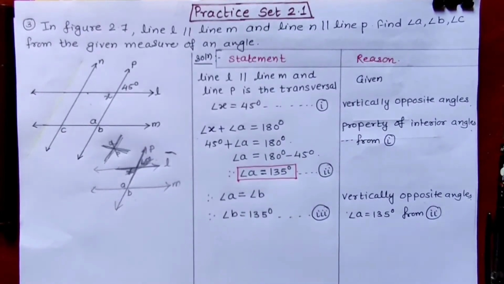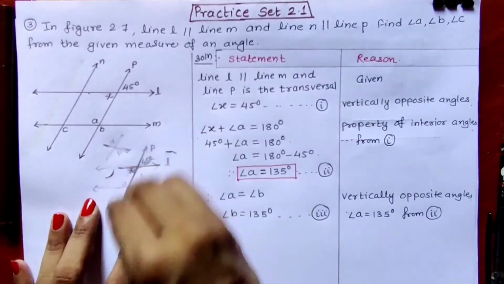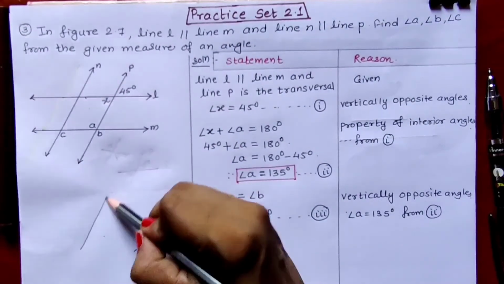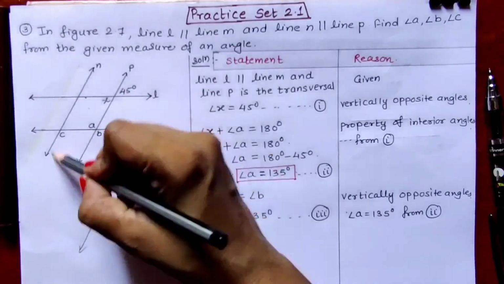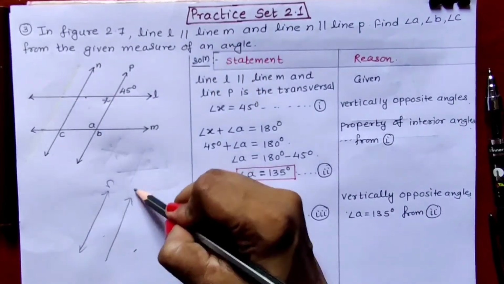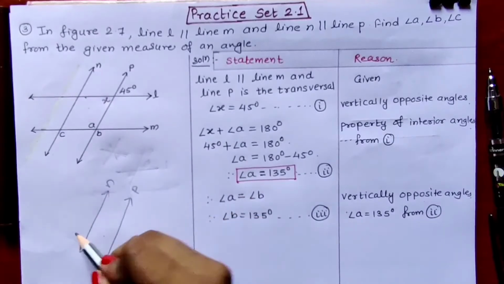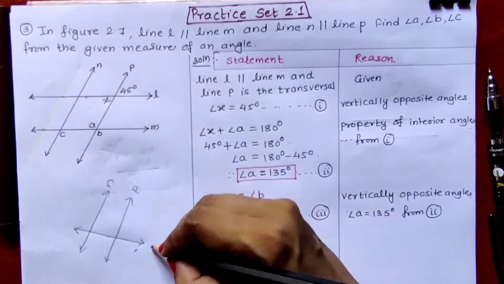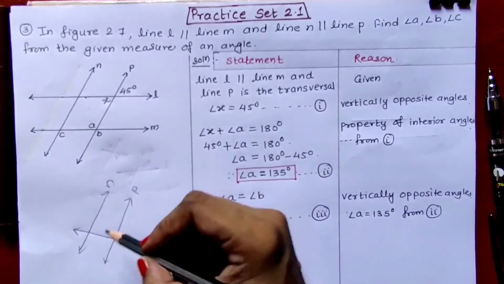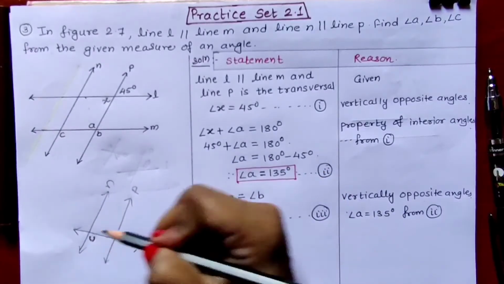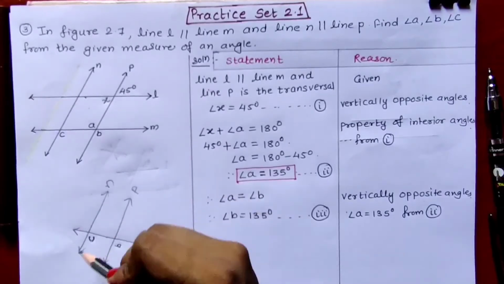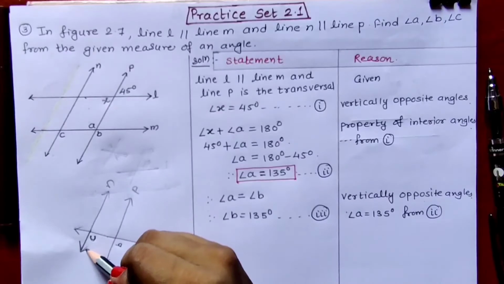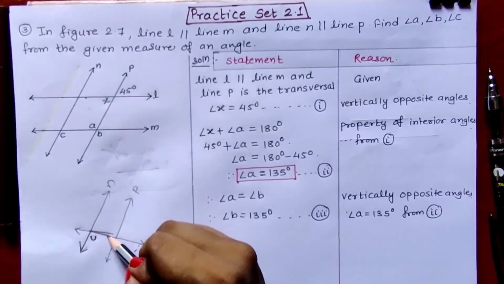Now observe these two lines. I will be rubbing this out. These two lines, line N and line P. And now take this transversal line M. So you can see that this angle C and angle B are corresponding angles, because angle C is having one arm on the left hand side, other arm is in the downward direction.